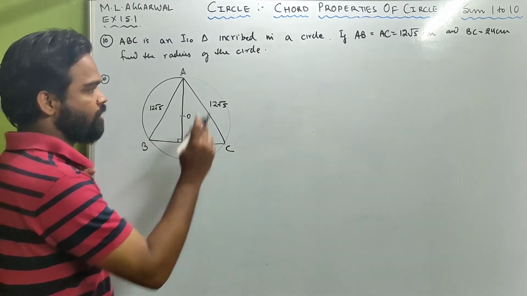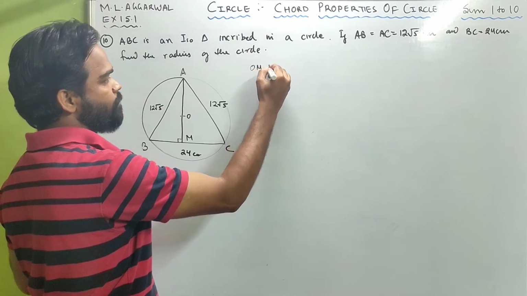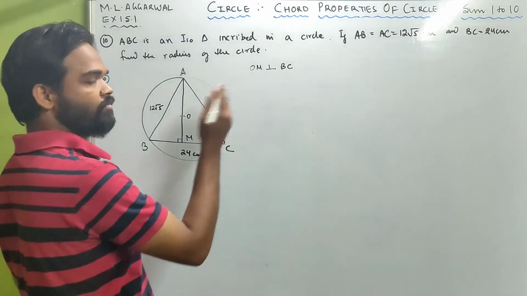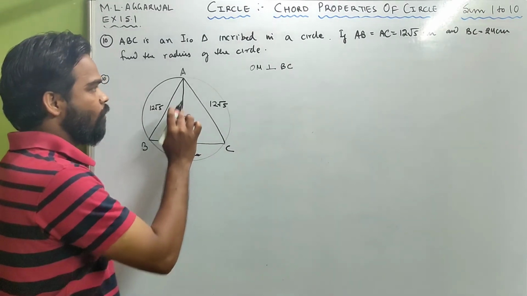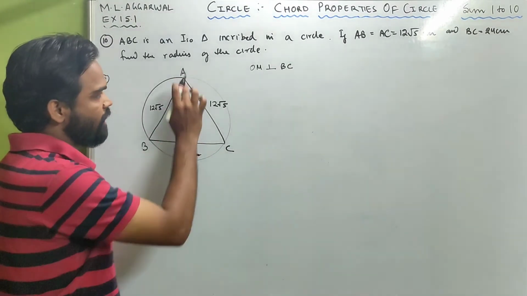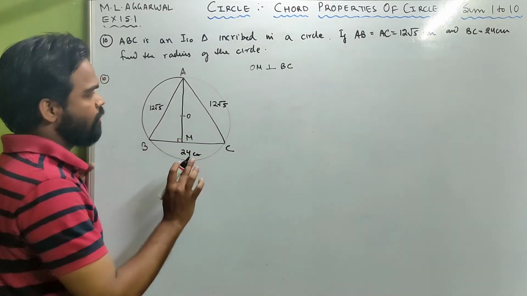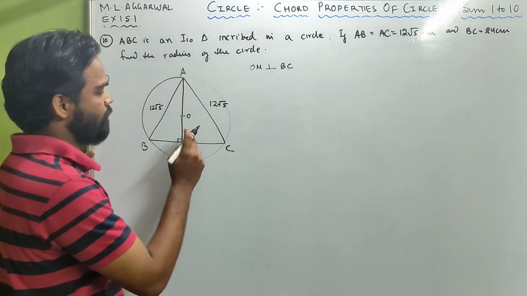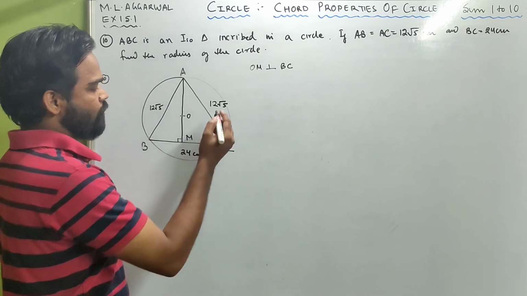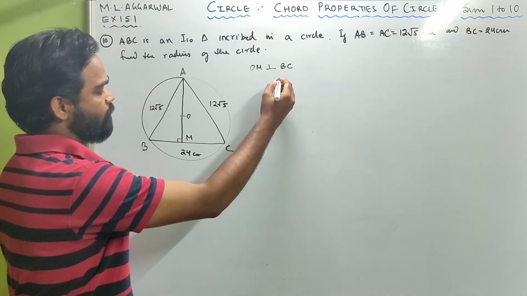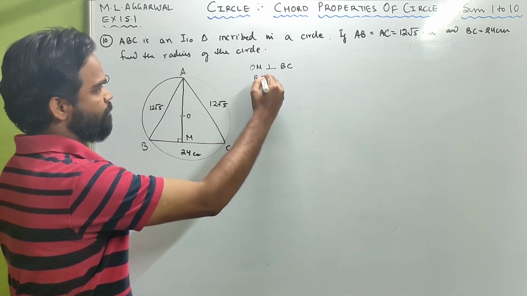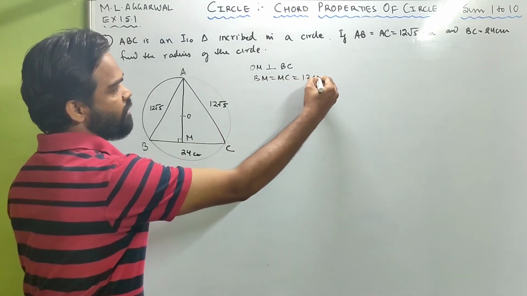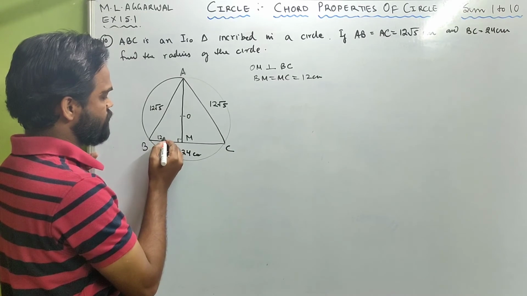OM is perpendicular on BC according to our construction. And I've told also why this center lies on this perpendicular. Okay, we will discuss that in a separate video. Now just look over here. So OM is perpendicular to BC, so BM will be equal to MC will be equal to 24 by 2. That's 12 centimeter.